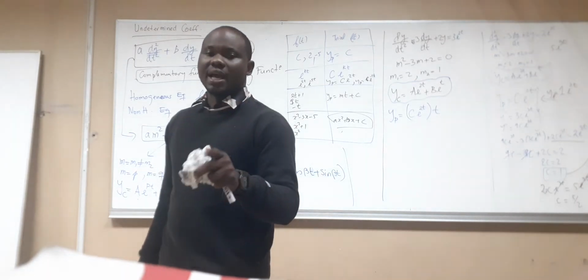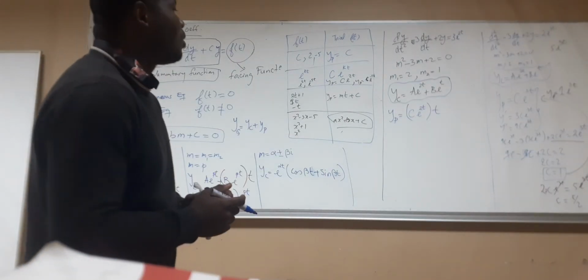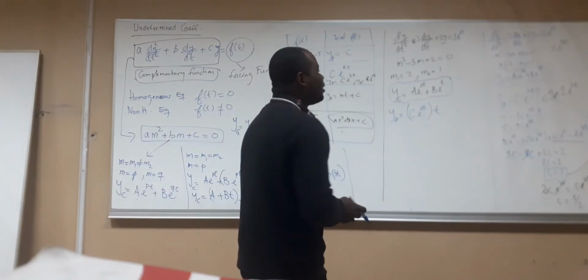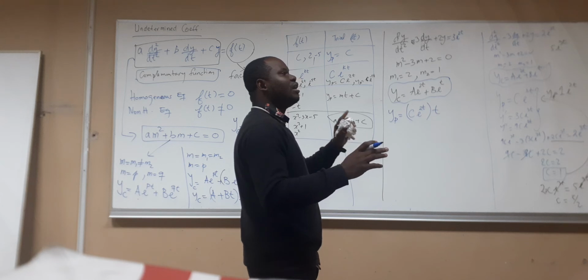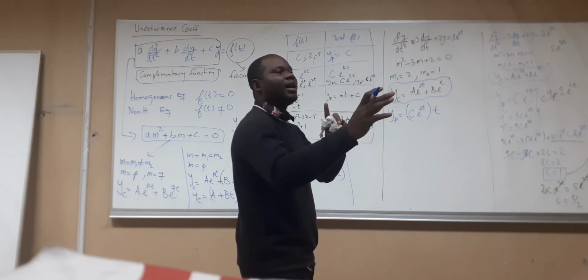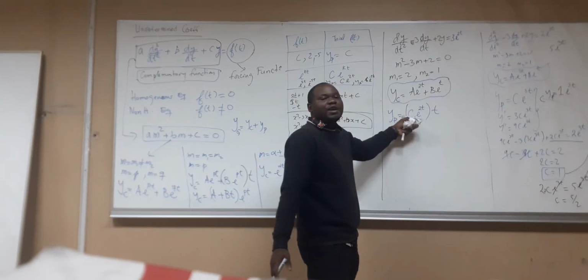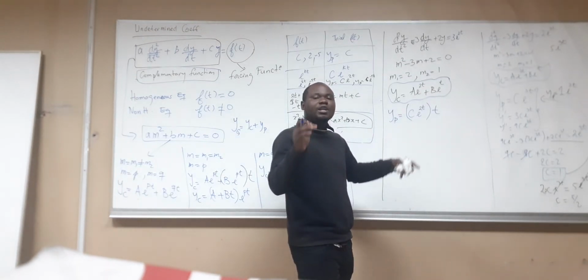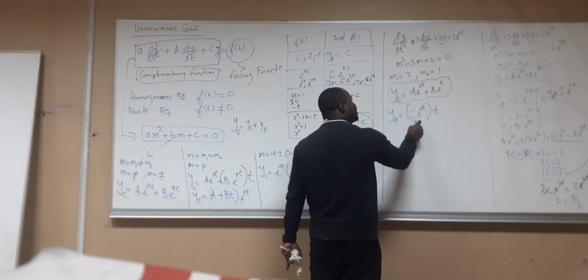If you don't do that, you will end up having a problem whereby everything will cancel and you end up having a number equal to a number, and then you cannot find your yp. It's very crucial because it's repeated.